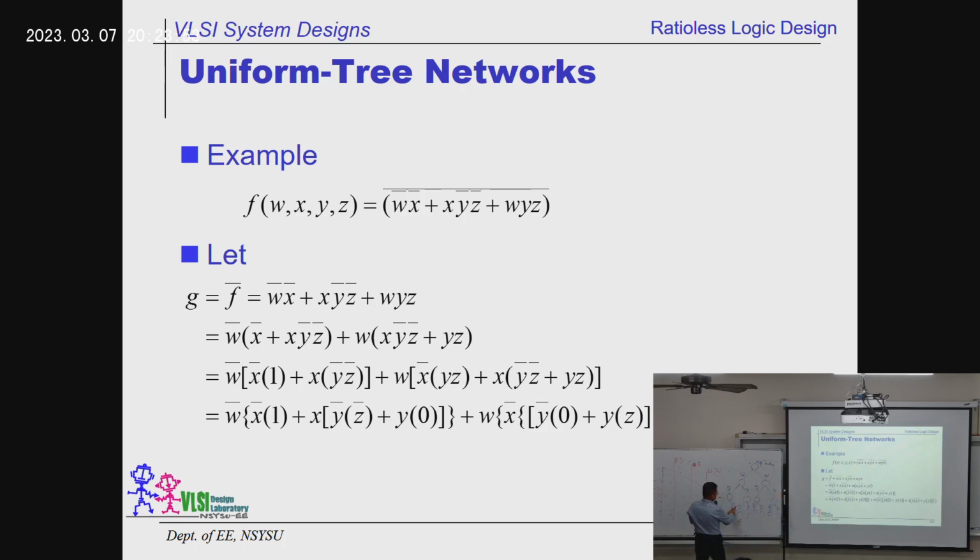So this must be 0. You plug in all the numbers over here in the leaf. So basically, the design based on this equation is a binary tree.